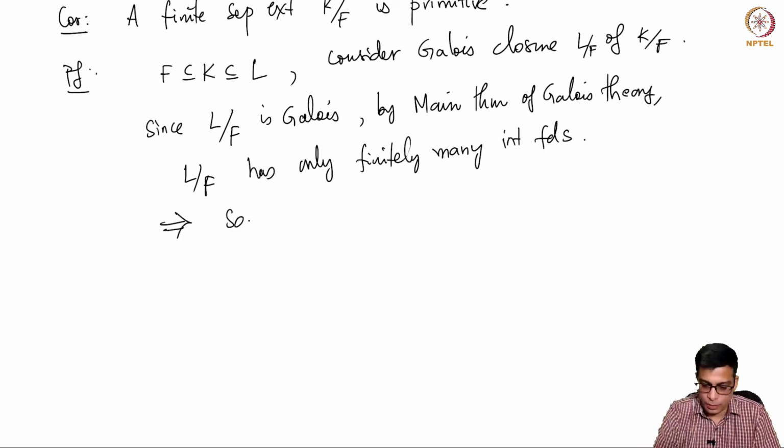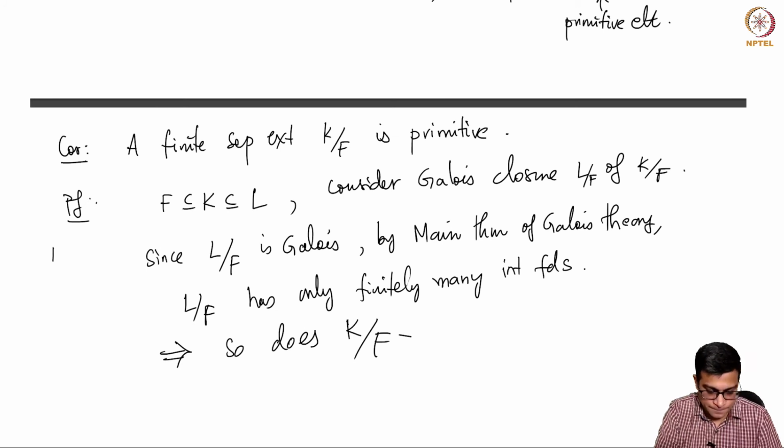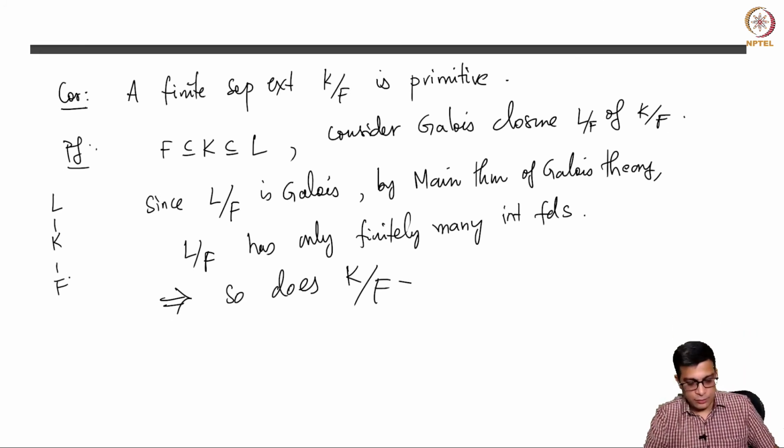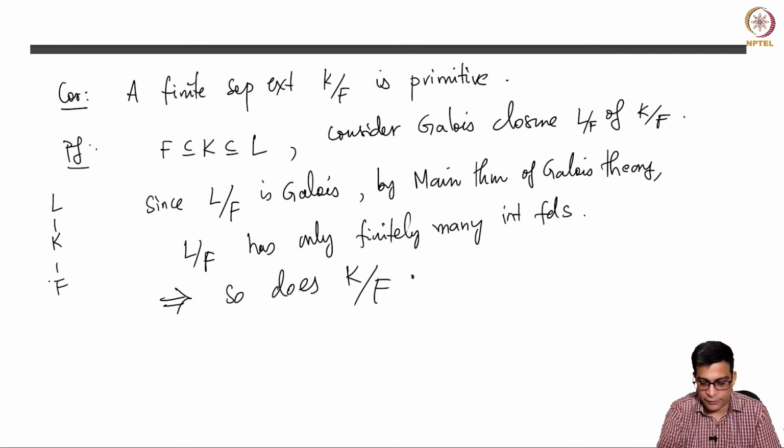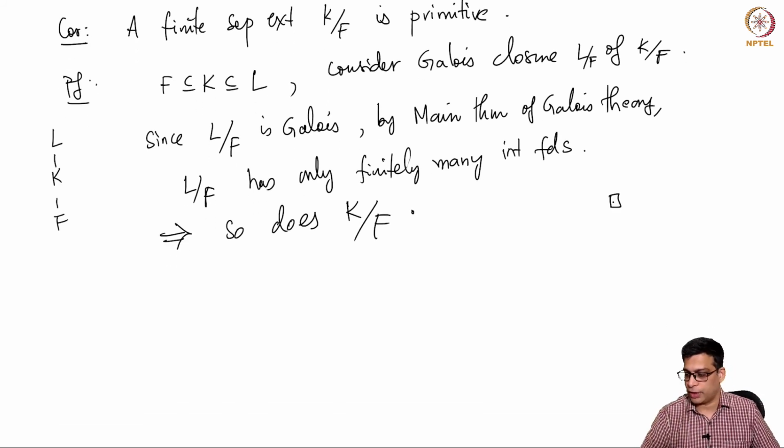So if L over F has finitely many intermediate fields, definitely K over F will also have finitely many intermediate fields, because any intermediate field of K over F is in fact an intermediate field of L over F, obviously. So K over F has only finitely many intermediate fields.